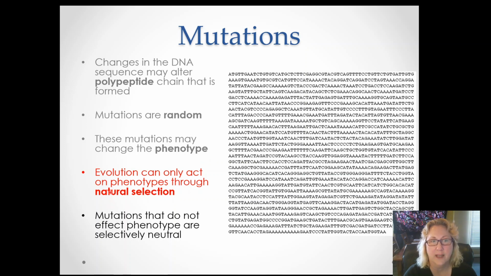Natural selection acts on phenotypes, whether those phenotypes are physical traits or behaviors. That's what natural selection is acting on. So if a mutation changes the DNA sequence, but it's not in a gene, it's between genes, and it has no effect on it, it's invisible to natural selection.